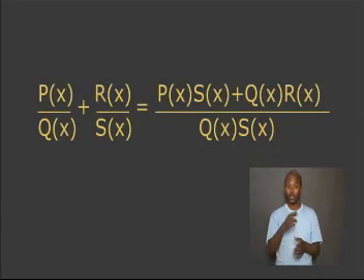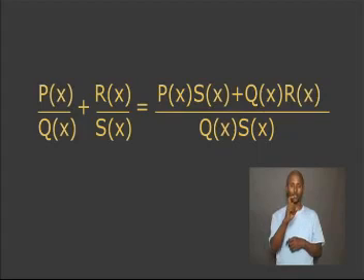In the case of addition, P of x over Q of x plus R of x over S of x equals P of x times S of x plus Q of x times R of x over Q of x times S of x.